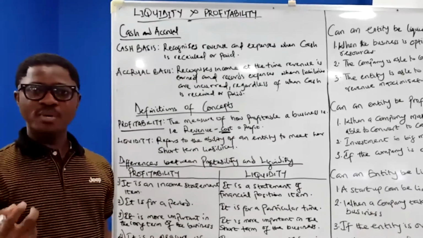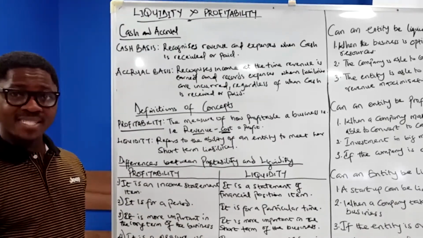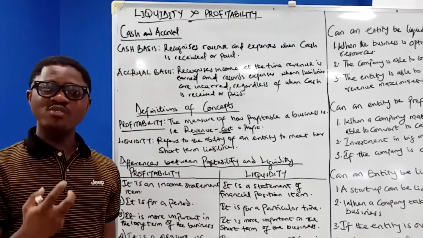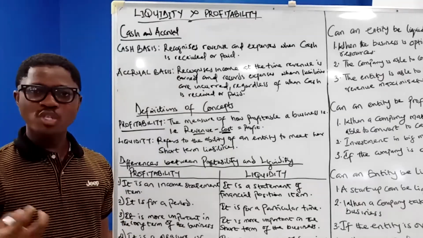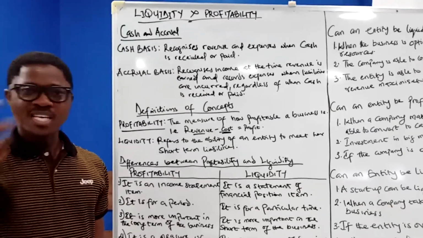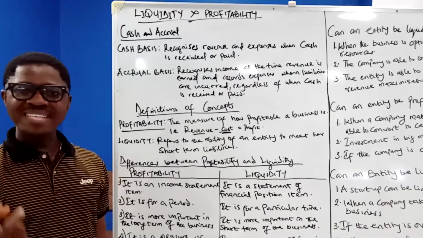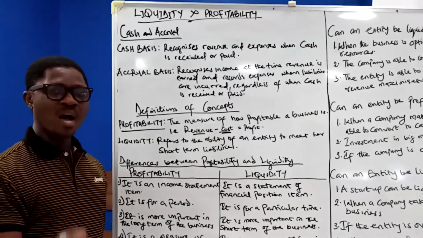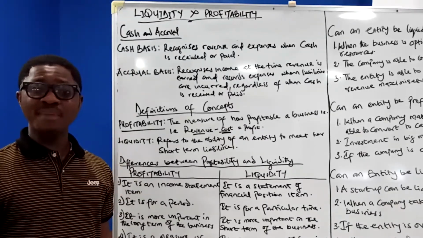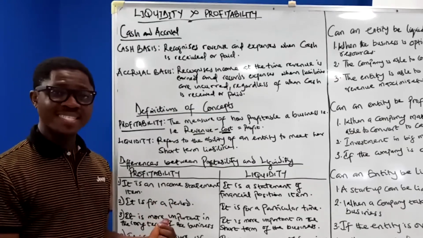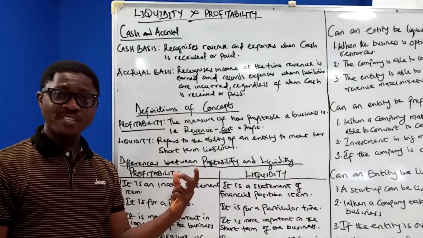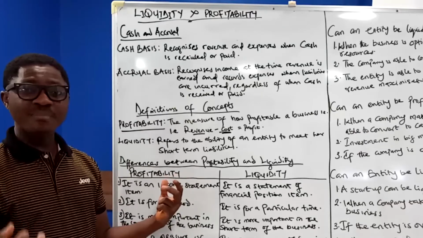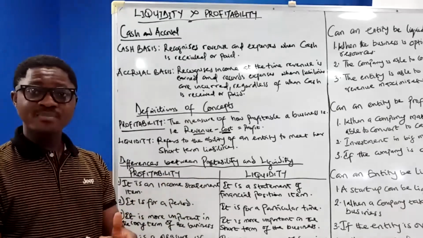We want to know how profitable a company or an entity is. We look at how much revenue the company has made and how much cost the company has incurred. In other words, we look at how the company has been able to maximize its revenue and minimize its cost. The ability of an entity to maximize its revenue and minimize its cost determines how profitable the company is.